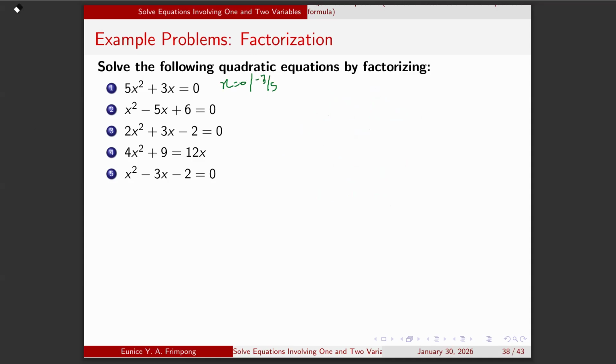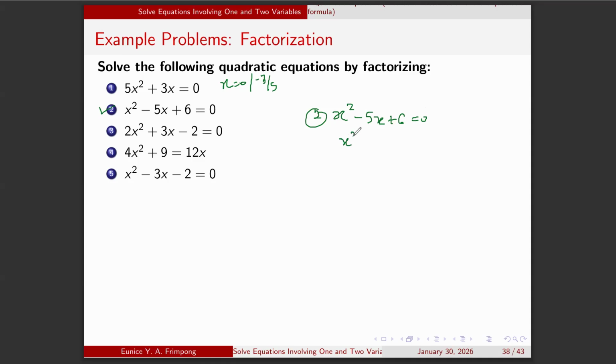I'll solve number 2. I didn't want to solve anymore, but let me solve number 2 also to give you an idea of another method, I mean, different styles of solving it. X squared minus 5x plus 6 equals 0. I'm now on number 2. With this particular one, what I want to do is open up this minus 5x.